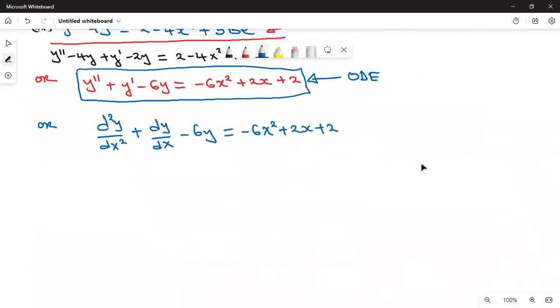That is part B. So you write y is equals to exponential 4x, a cosine of 3x plus b sine of 3x.